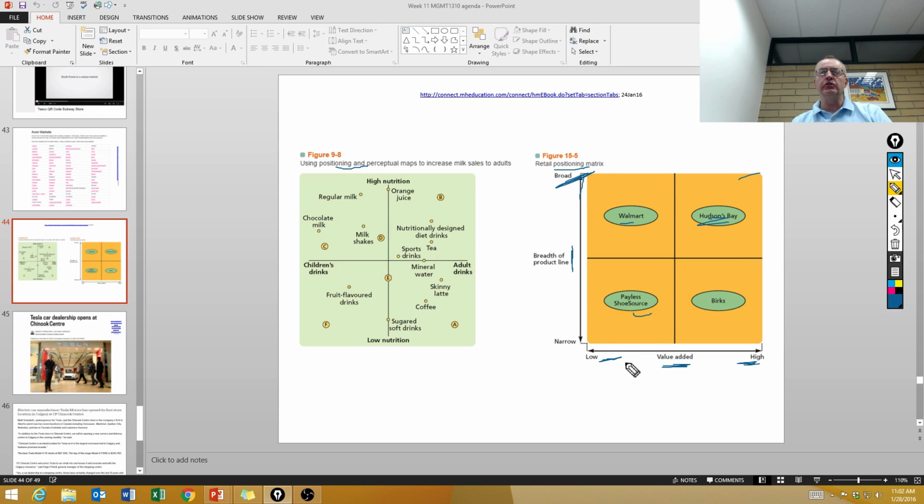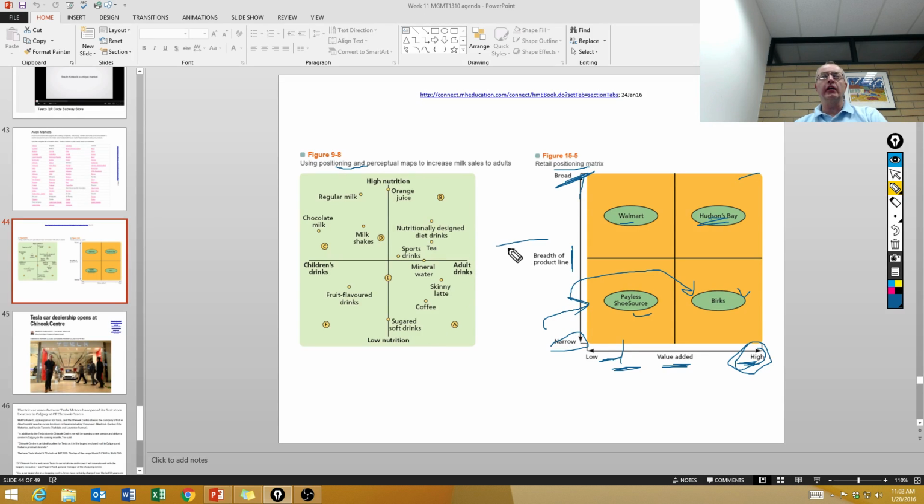Payless Shoes is low value added, relatively inexpensive shoes, and a relatively narrow product line because it's only shoes. Then we have the jewelry store Birks, which sells high-end products, but again only jewelry, so it's a relatively narrow product line.